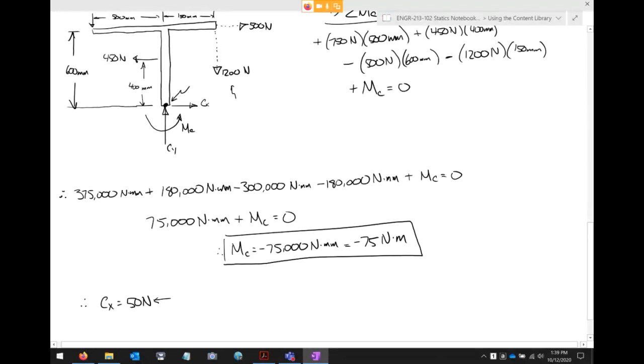And because that's negative, that's to the left. CY was 1950 newtons, and we got a positive answer there, so that's upwards. And MC was 75 Newton meters, and we got negative, so negative is clockwise.